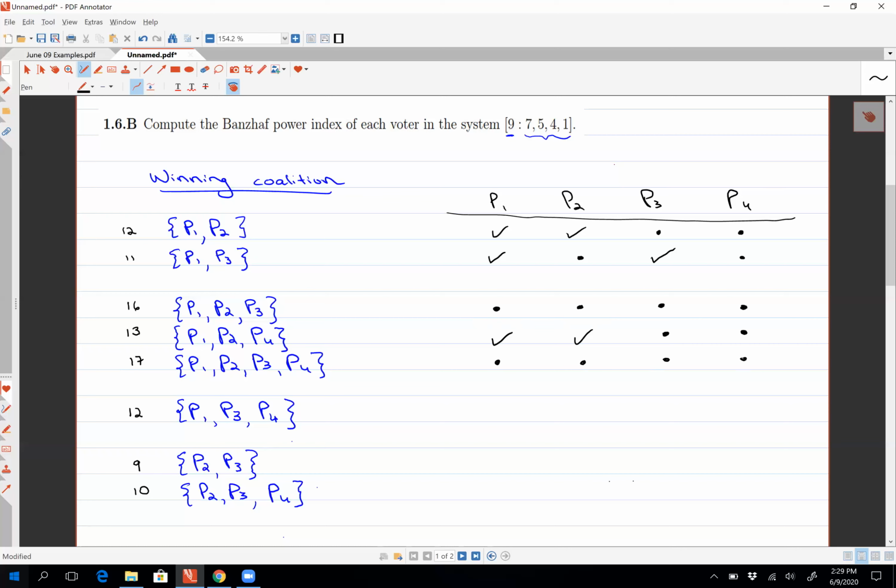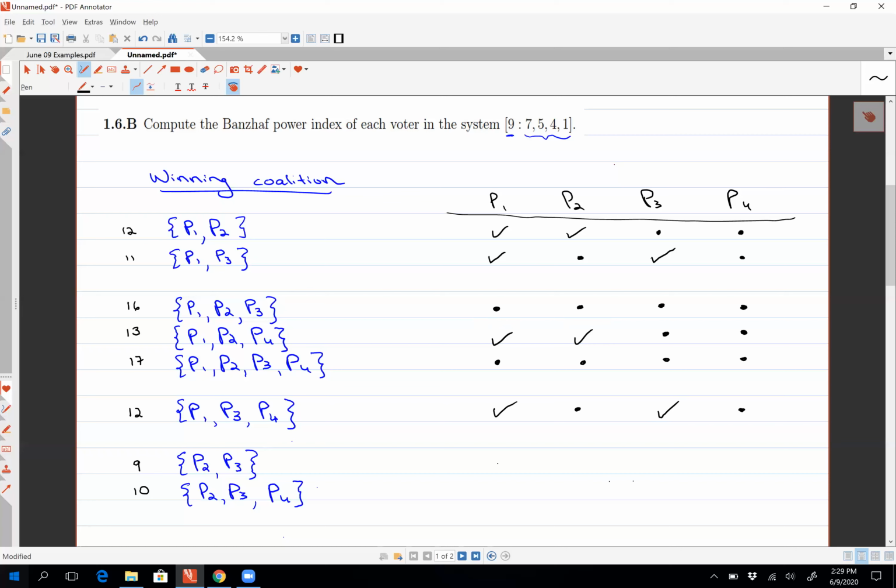What about P1, P3, and P4? 12 votes. If I remove the 7 of voter 1, it becomes a losing coalition, so P1 is critical. P3 is also critical because if I remove the 4 votes, I only have 8, so it can't function without P3, but P4 is not critical. If I remove that 1 vote, we still have a winning coalition.